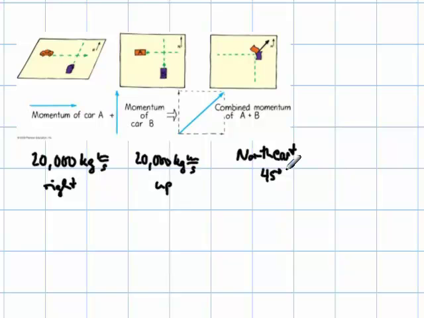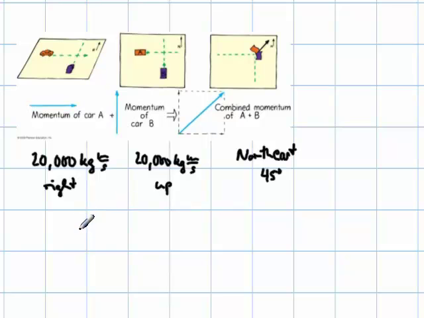So exactly northeast. Now the momentum, we cannot add them up like this because they're in different directions. One is to the right and the other one is up. So we have to use the Pythagorean theorem just like indicated here.